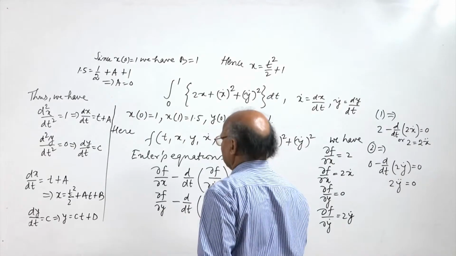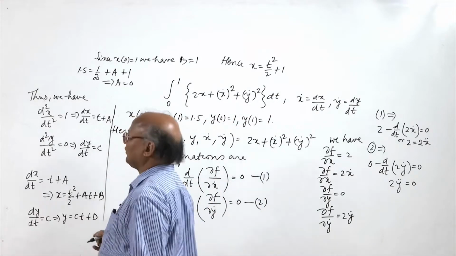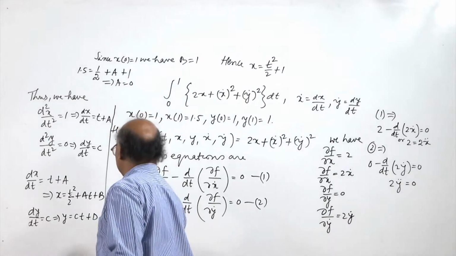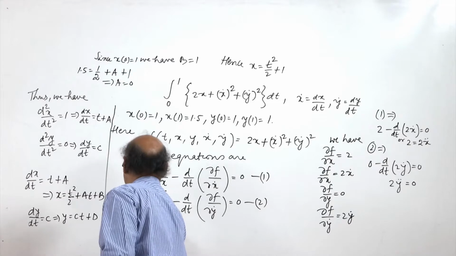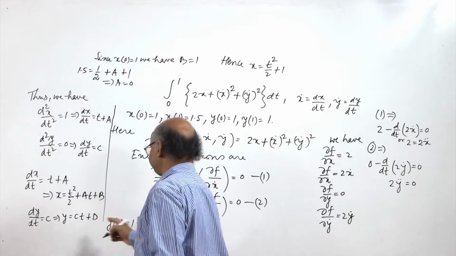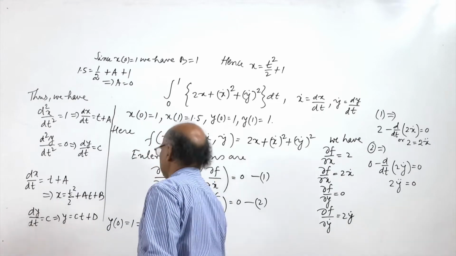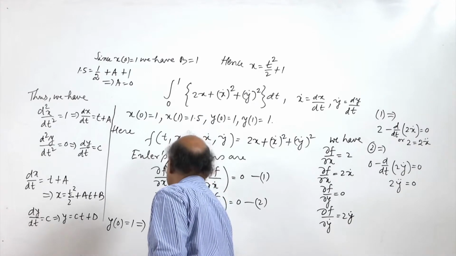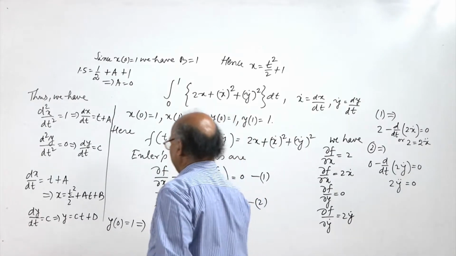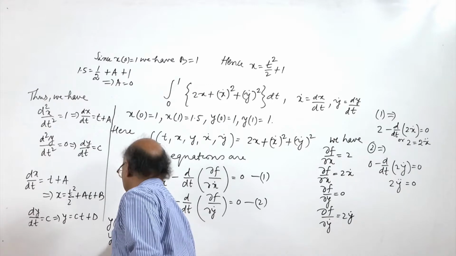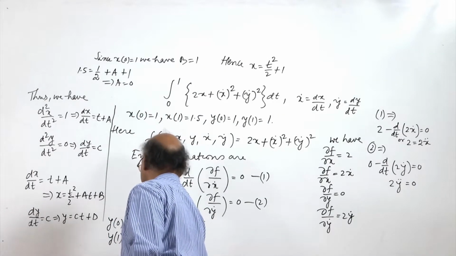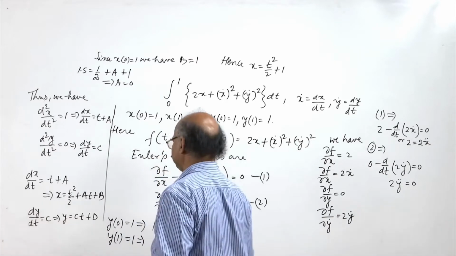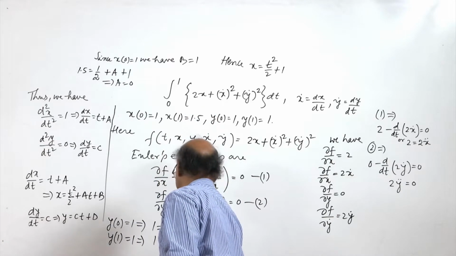Now for y, y0 equal to 1 gives you 1 equal to d, and y1 equal to 1 gives us 1 equal to c plus d.